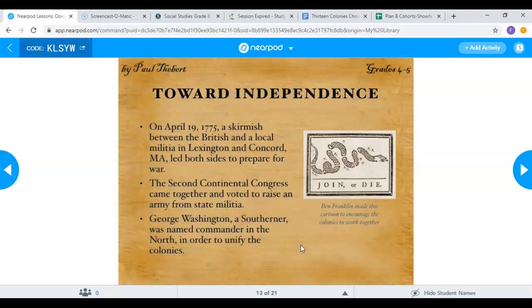They were not officially trained. George Washington was named the commander of the Continental Army, and that's what it ended up being called, the Continental Army.